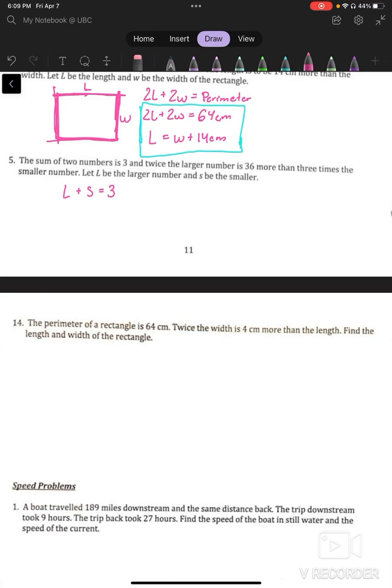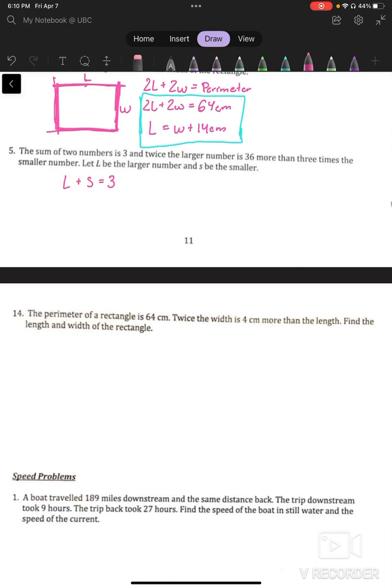So if you just break that down, you can say twice the larger number, so 2L, is, so that's basically an equal sign, 36 more than 3 times the smaller number. So that's 3 times the smaller number is 3S, and 36 more is plus 36. So those are your two equations for number 5.